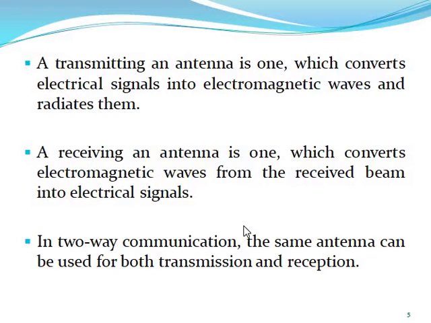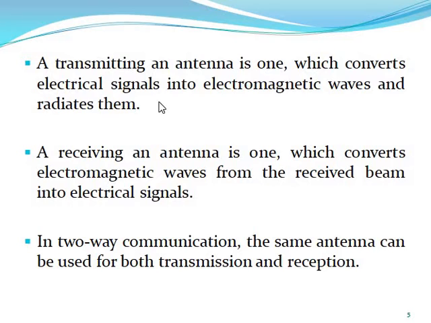A transmitting antenna is one which converts the electrical signal into electromagnetic wave and radiates it, so the signal is transmitted as a radio wave. A receiving antenna is one which converts the received electromagnetic wave into an electrical signal. So what is the transmitter and what is the receiver?